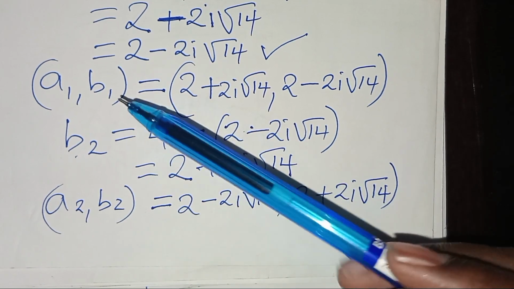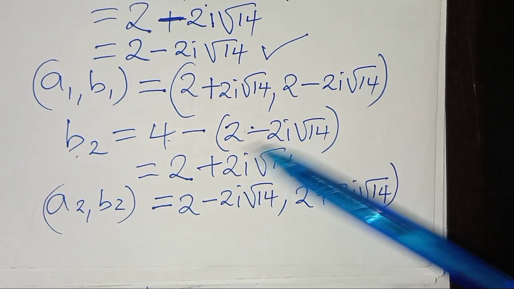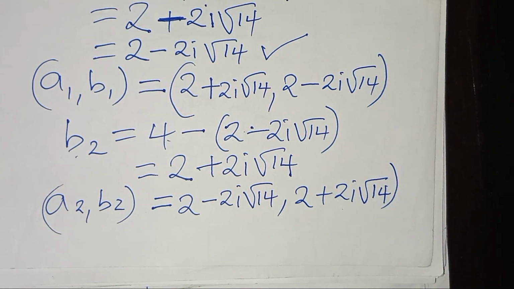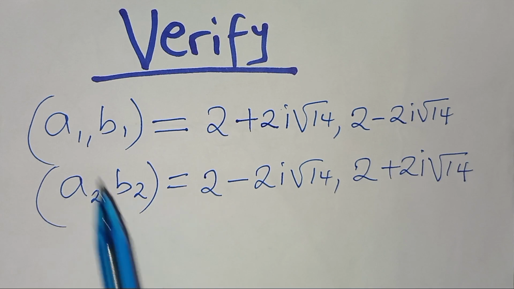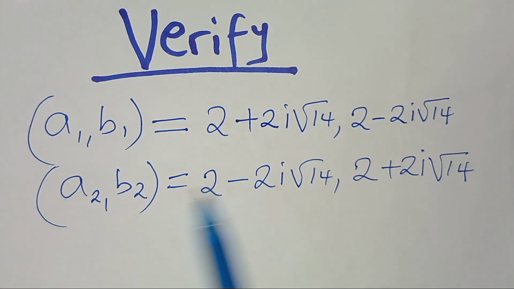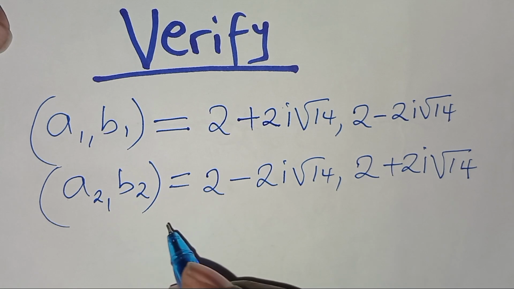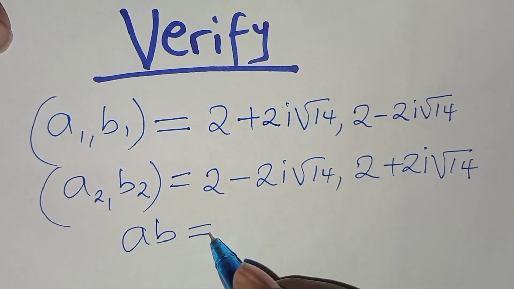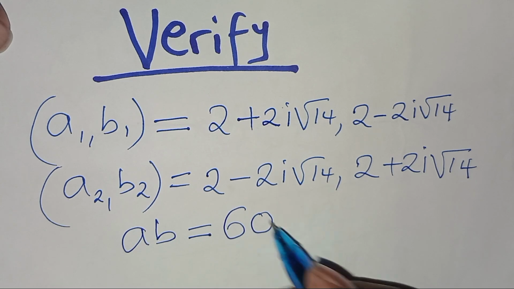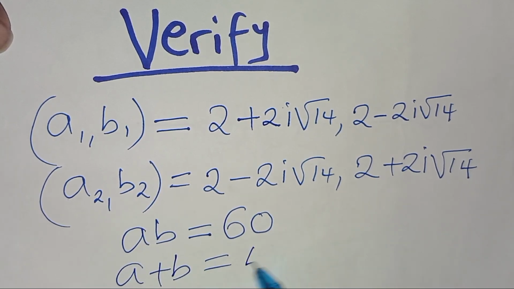Now let's verify that A1, B1 and A2, B2 satisfy the equations. If you recall, A multiplied by B should give us a value of 60, and A plus B should give us a value of 4.